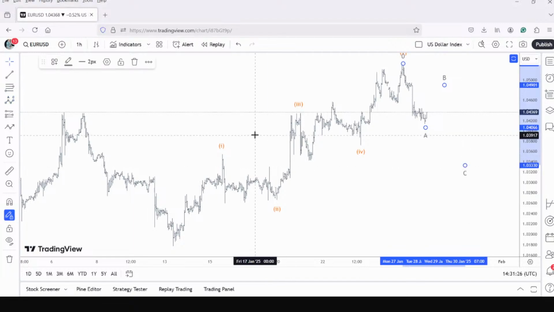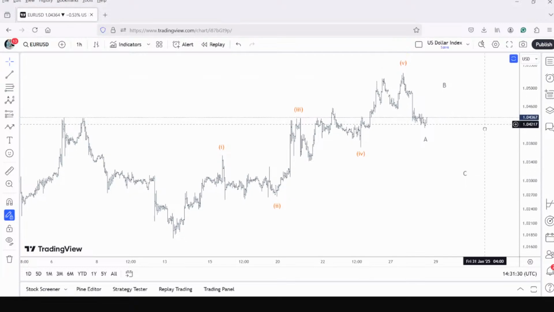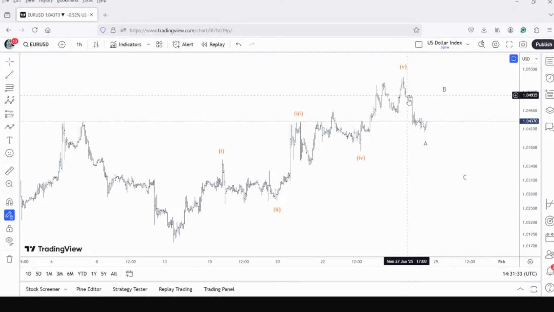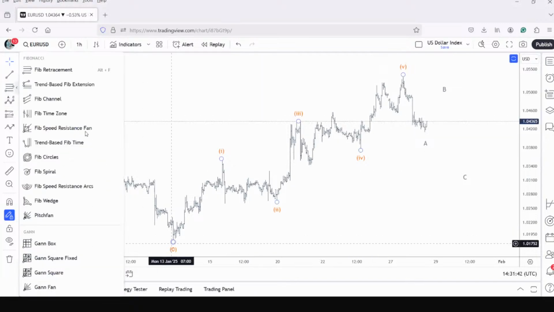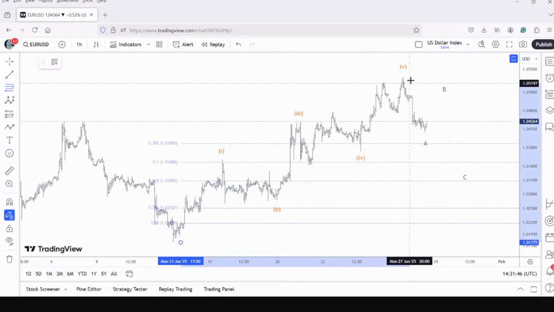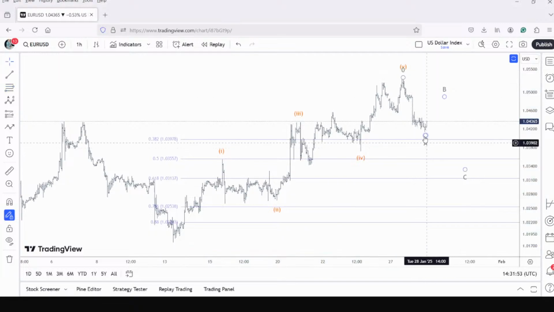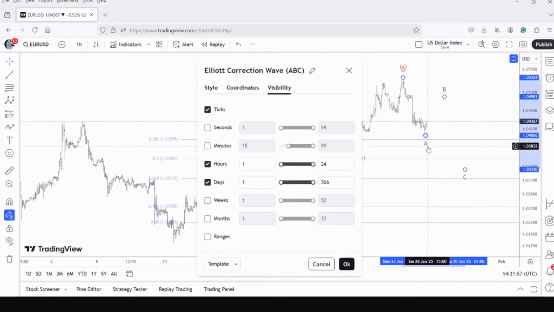But if you look at the sub waves, the subdivisions, or the smaller degree waves here, it is wave 1, wave 2, wave 3, and then wave 4 and 5. It has just about completed the 5 wave decline, which could be a part of a zigzag here. I need to change the degree here, sorry.